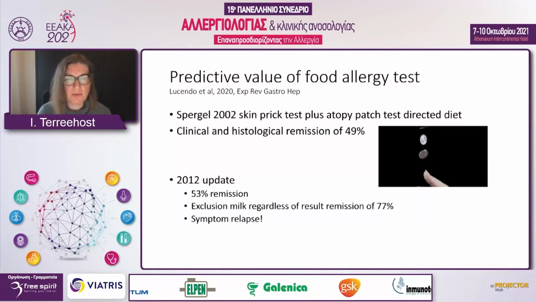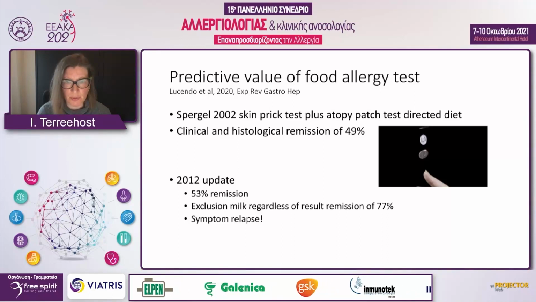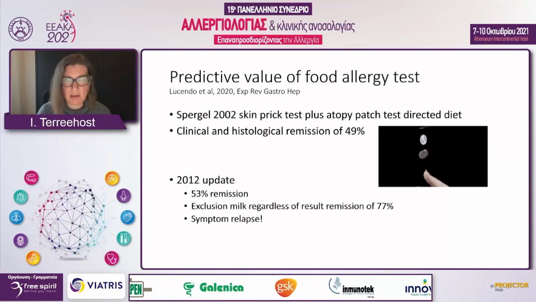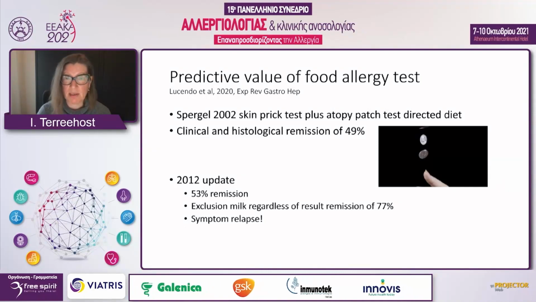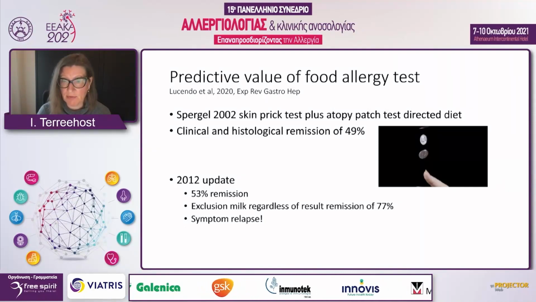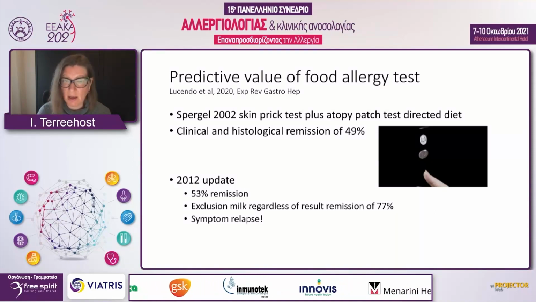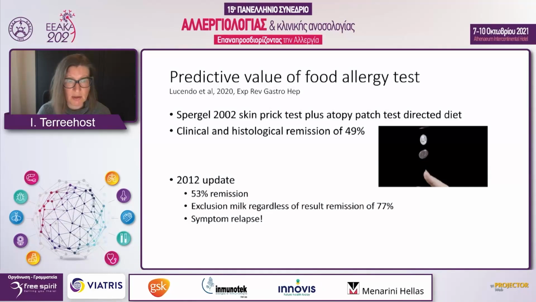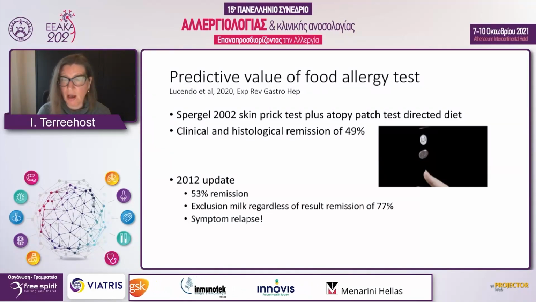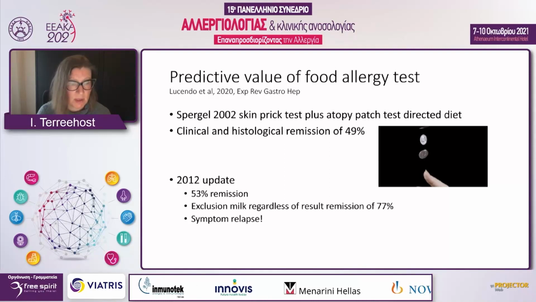And when you look a little bit further at the studies of Jonathan Spergel, he had a very nice research published in 2002 where he used the skin prick test and the atopy patch test to have an allergy test directed diet, where he could achieve a clinical and histological remission of 49%, which is actually pretty good.